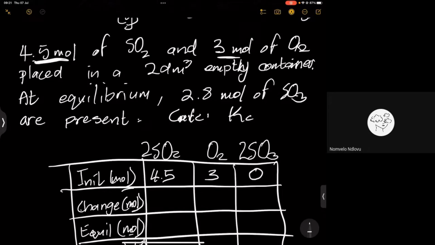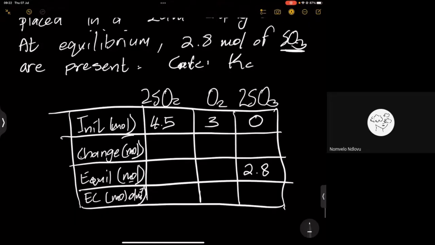Now, I want you to please follow me in this. They will always tell you what you have at equilibrium. In this case, we found that we've got 2.8 moles of sulfur trioxide at equilibrium.